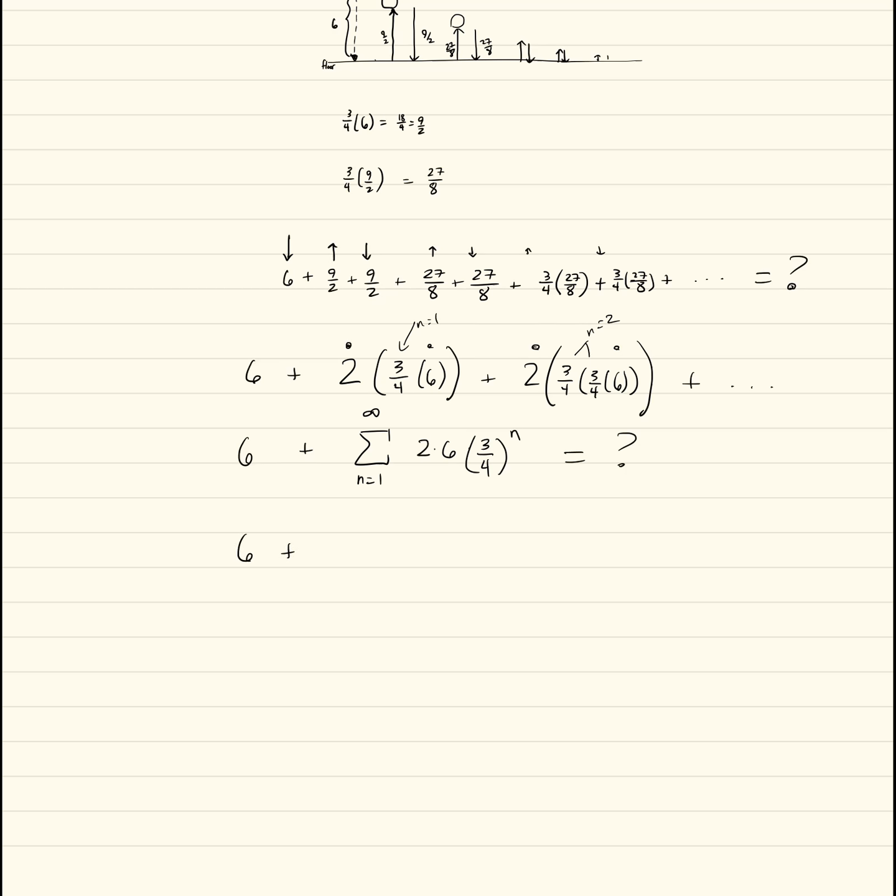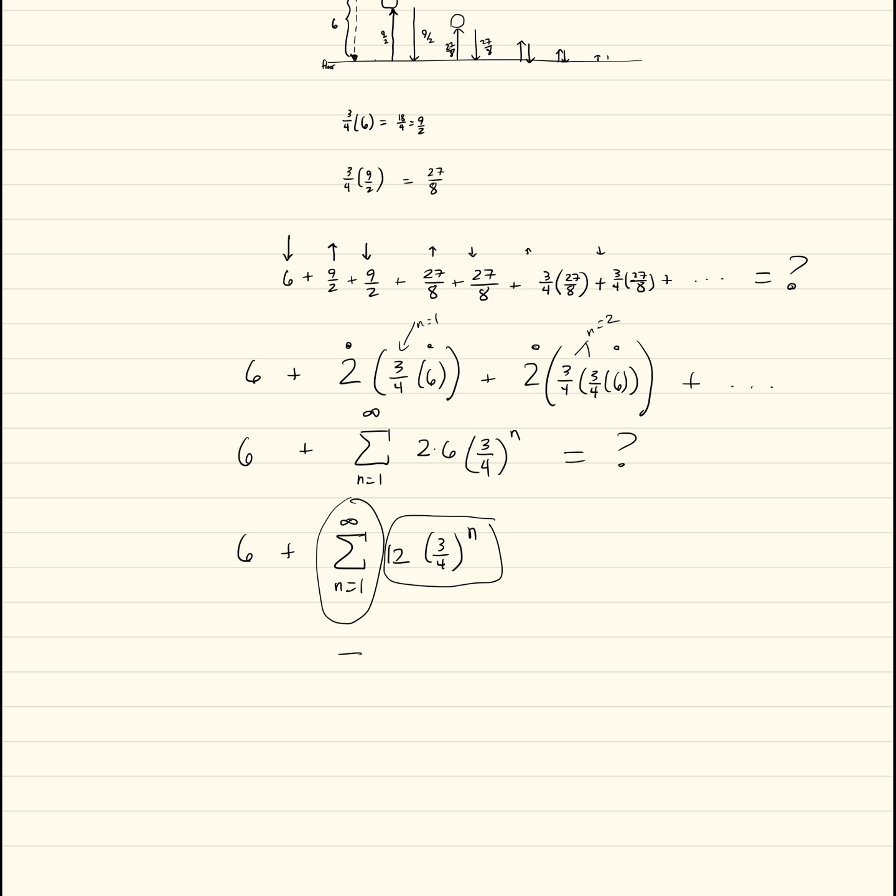So we could rewrite this as 6 plus the sum, n equals 1 to infinity, of 12 times 3/4 to the n. Now I'm going to re-index. A quick way to re-index is what you do on the outside, you do the opposite on the inside.